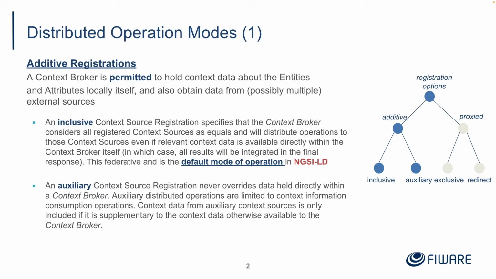There are 4 operational modes within NGSI-LD, and they are basically divided into 2 halves. There are additive registrations and proxied registrations. Now, the important point about an additive registration is that a context broker itself is permitted to hold data about entities. So I could hold information about buildings or farm animals or whatever, but I can also get other information from elsewhere.